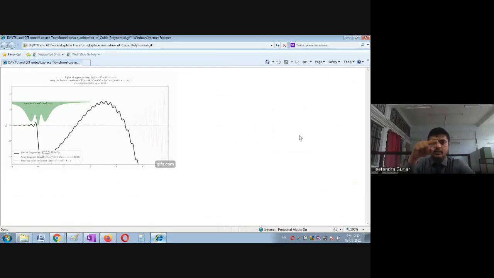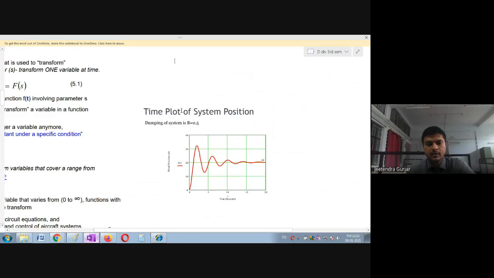You can see this is exponentially increasing, right students? You can see here the curves how they are increasing. So this is a function exponentially increasing, right? And the plot we have seen here is the time plot of system position.